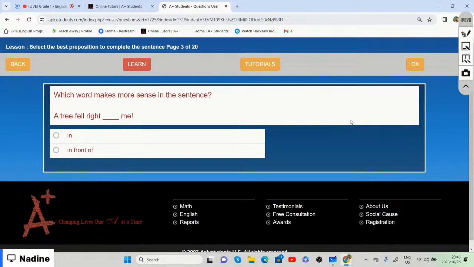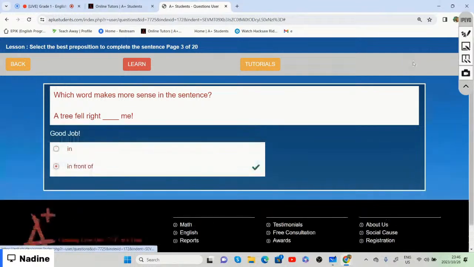And we can then say that a tree fell in front of me. Cannot say in me, because in me is like inside of your body. So in front of me. Well done, that is correct.